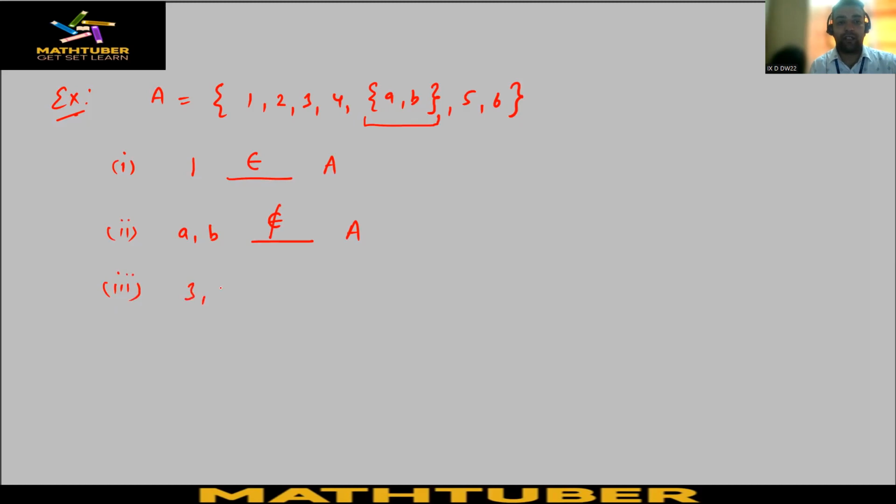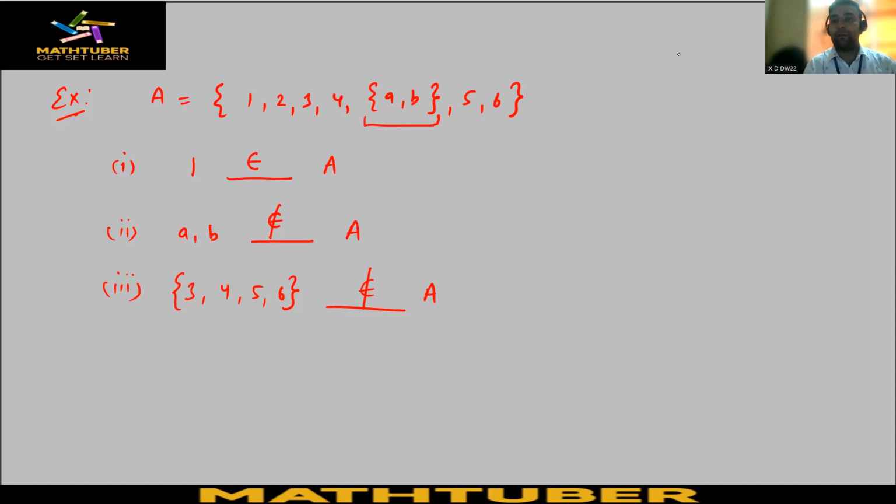Similarly, if someone asks you that {3, 4, 5, 6} belongs to A or not, so it does not belong to A, because it is already a set here, and a set does not belong to a pre-existing set. If there was no curly bracket here, then these elements will belong to the given set, right? So this is how we have to use these symbols, belongs to and does not belong to, right?